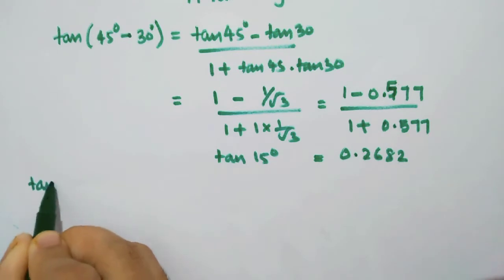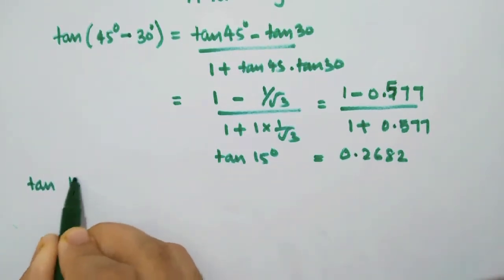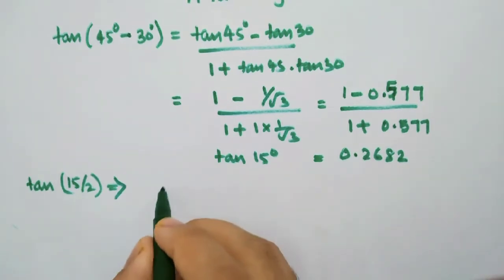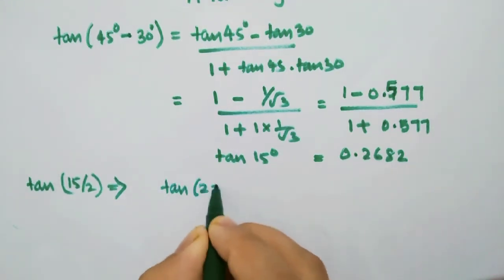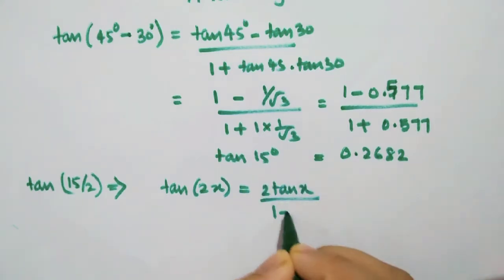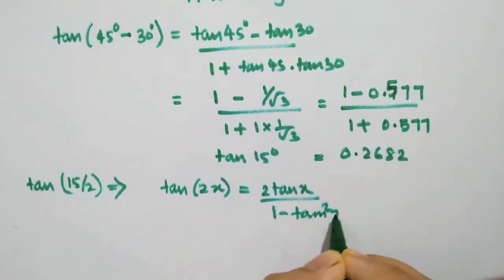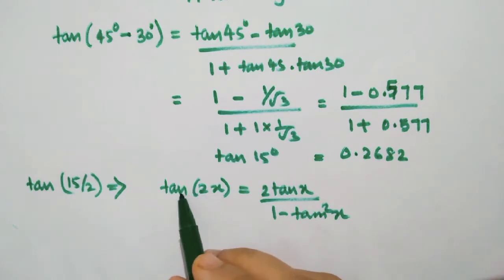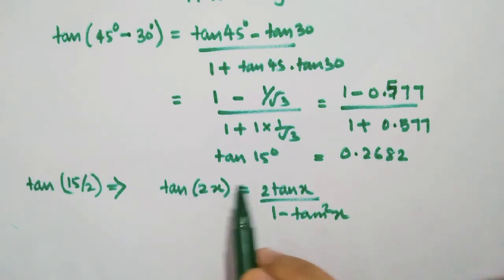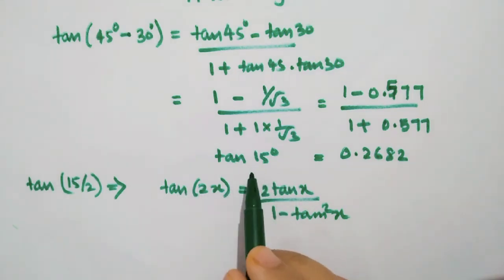Now we will calculate for tan 15 by 2 degree. For this, what we will use is tan 2x is equal to 2 tan x by 1 minus tan square x. So here, x is equal to 15 by 2. If we take that, then tan 2x is tan 15, which is known to us.